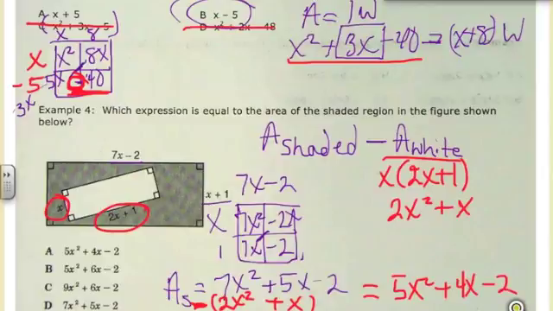Wait, if you're adding that x to the 5x, how can it really be 6x? Because you have to subtract it. You're subtracting the x. So it's almost like you distribute it.